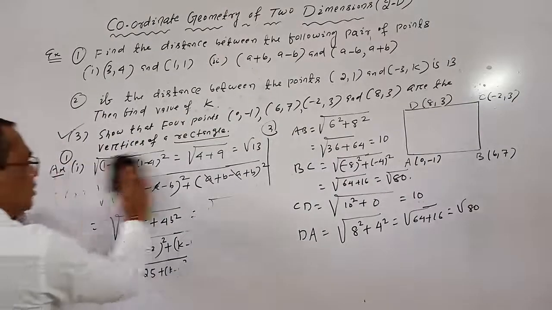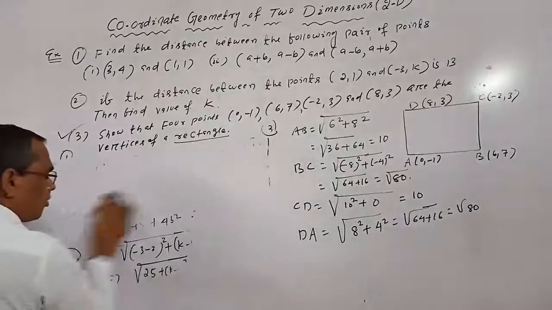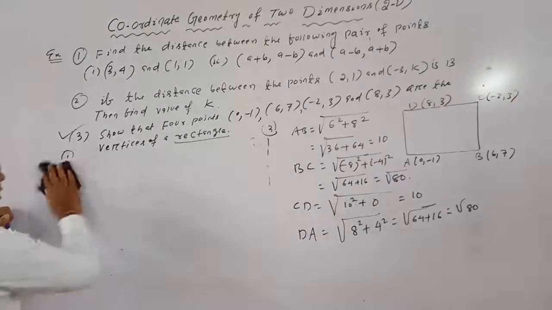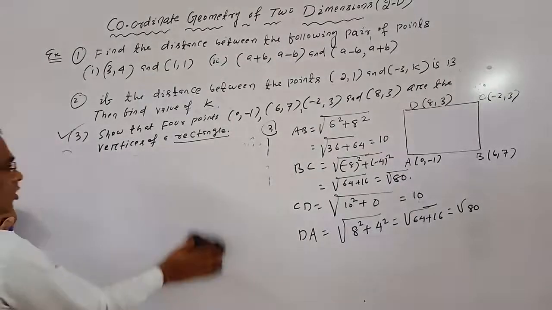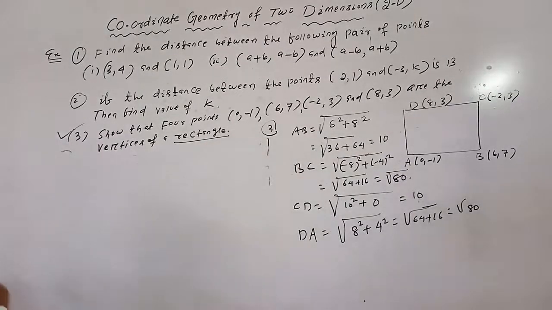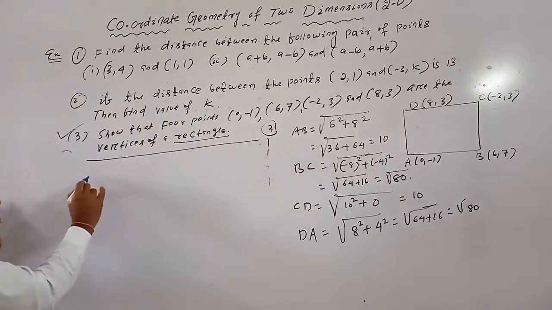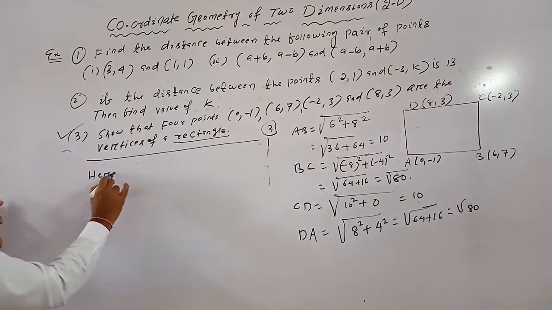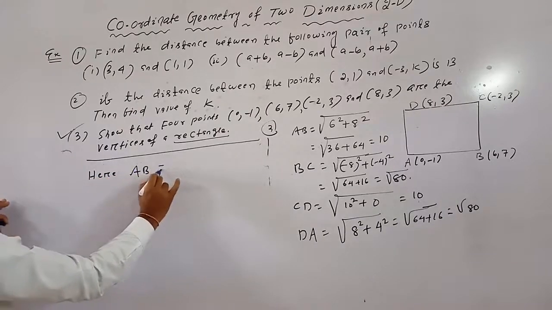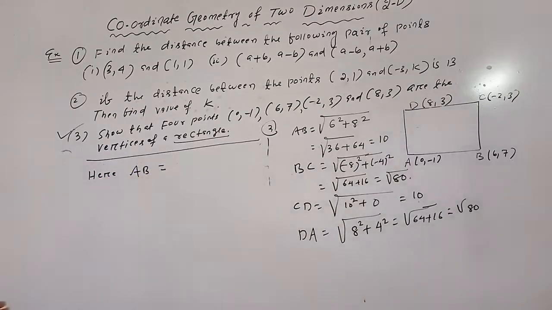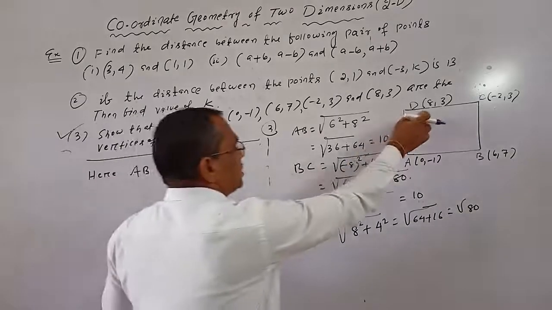So to determine whether the lengths of opposite sides are equal or not, here AB is the length of AB and its opposite side is CD.